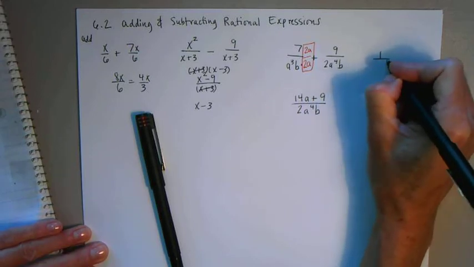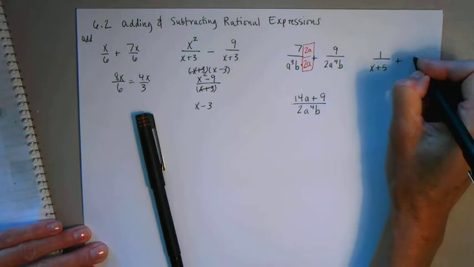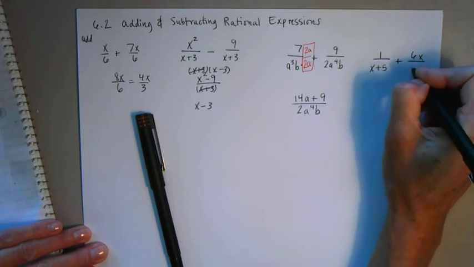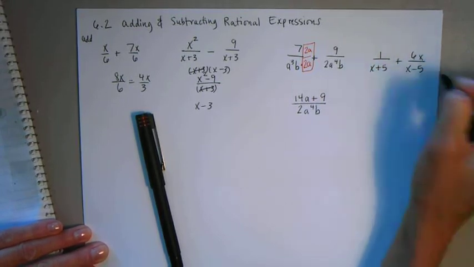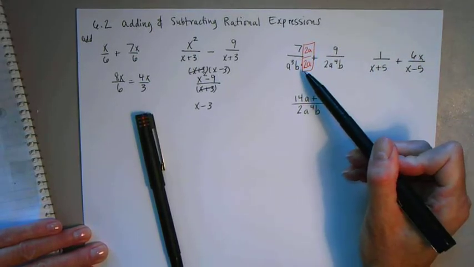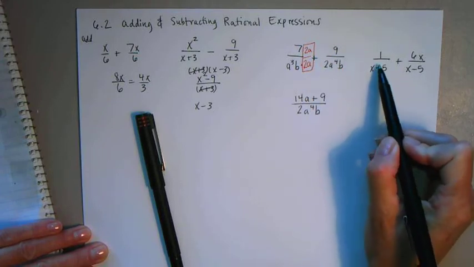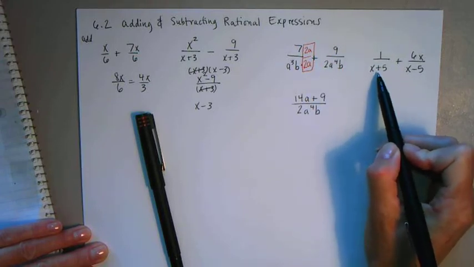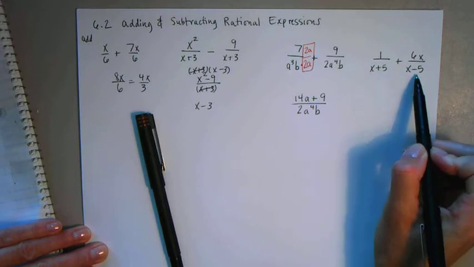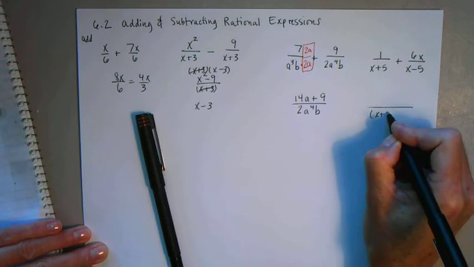How about this one? Let's do 1 over x plus 5 plus 6x over x minus 5. Well now, unlike this where I just had to multiply by another a and a 2, these are a whole binomial. It's got a plus sign in it, and one's plus and one's minus. So there's no way to make them the same in my denominator.